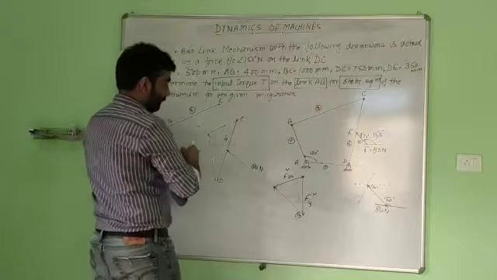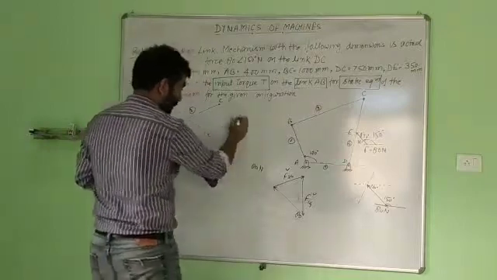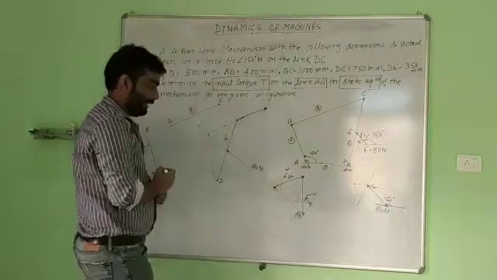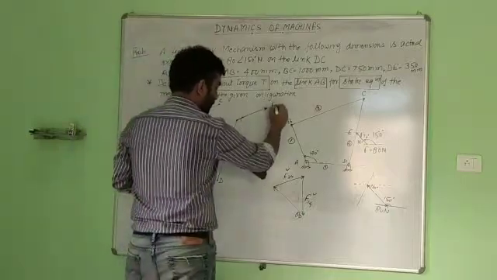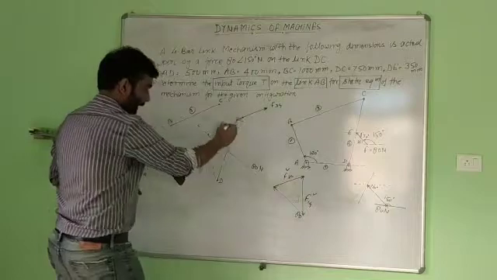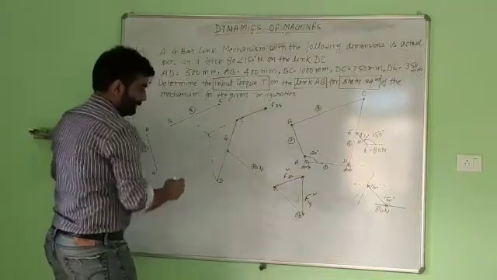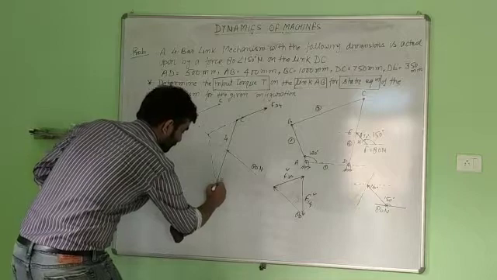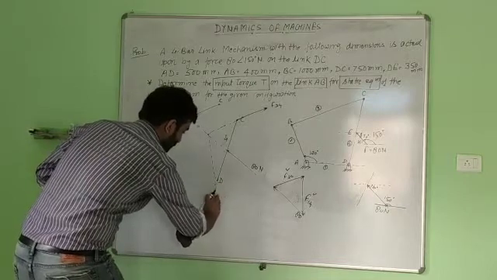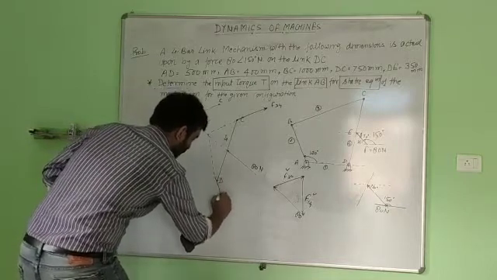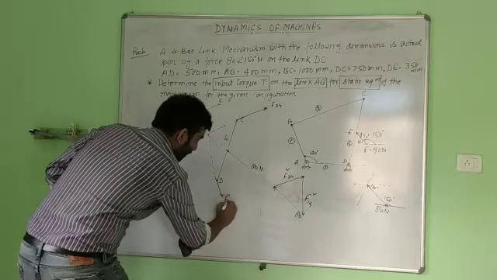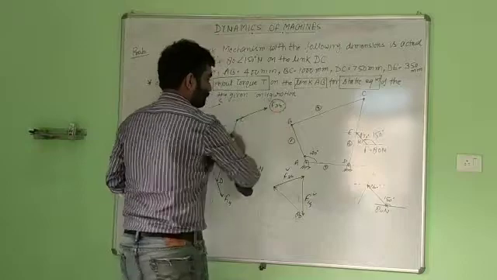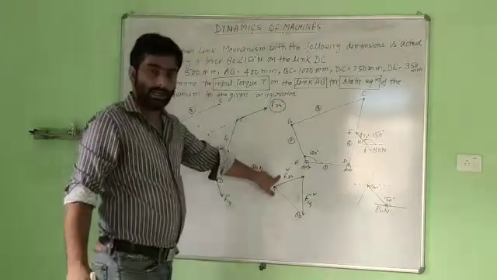F34 means on member 4 we are having one force acting in this direction, with magnitude and direction F34, and one force acting here. At this point we are having F14. Now we have F34, with magnitude and direction.